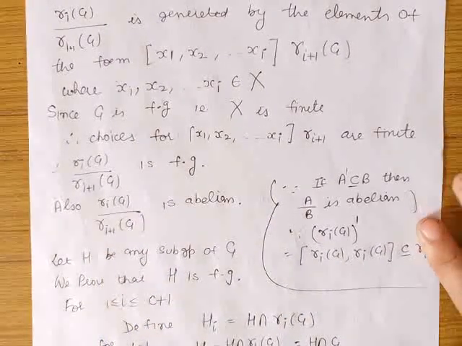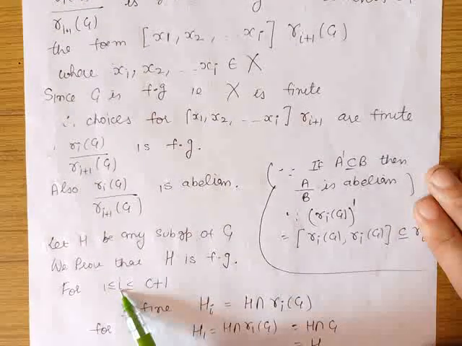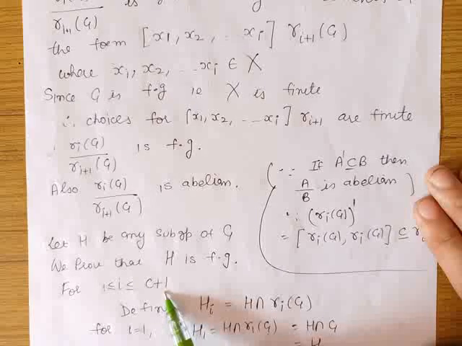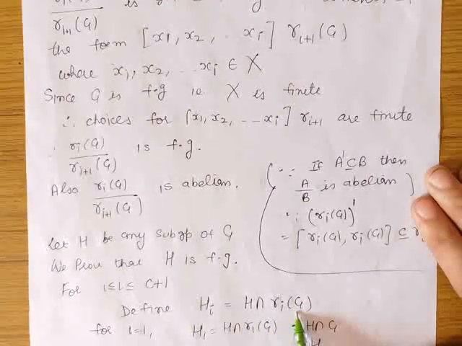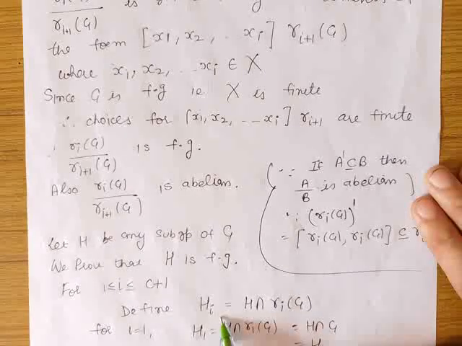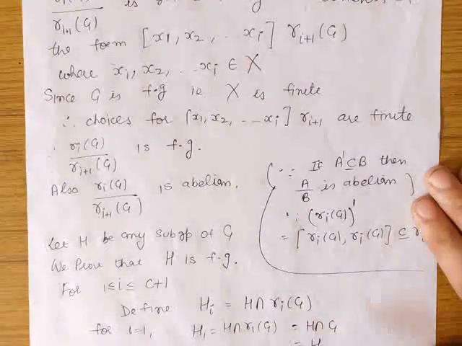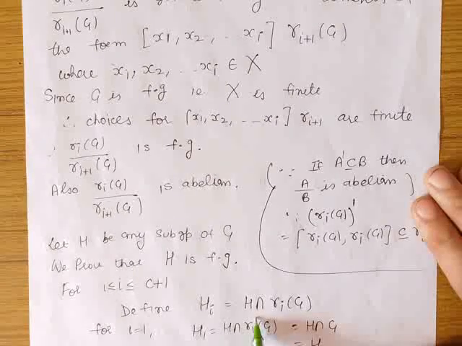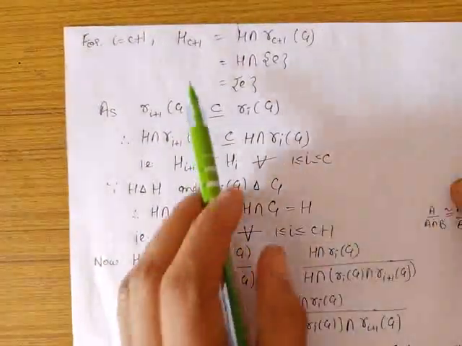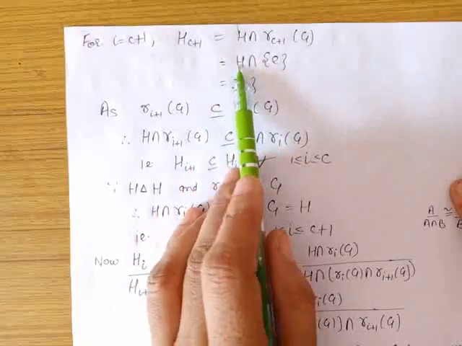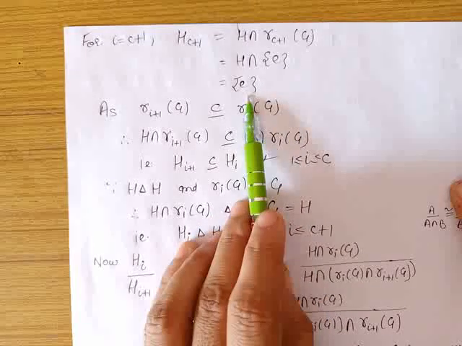To prove this, for every i varying from 1 to C+1, we define H_i by taking the intersection of H with gamma_i G. Now, for i = 1, this becomes H_1 = H intersection gamma_1 G. Gamma_1 G is G, so H intersection G becomes H. Now for i = C+1, we have H_(C+1) as the intersection of H with the identity. So that is the identity.